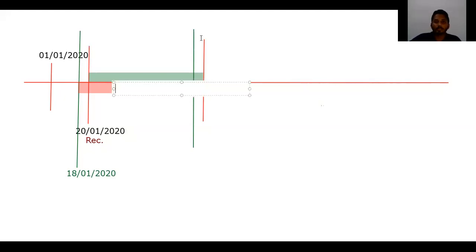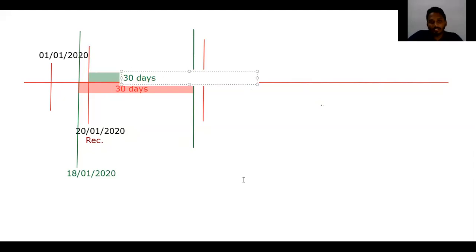You can go with this date. Here 30. And this 30 days, you cannot extend. If you say, no, I received it on this date, you cannot go under this.